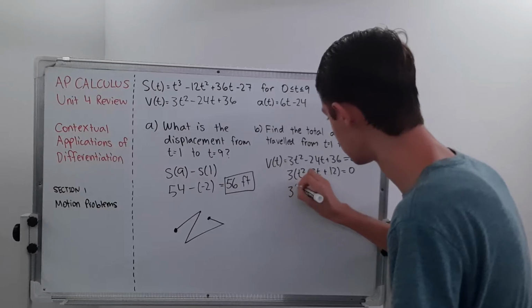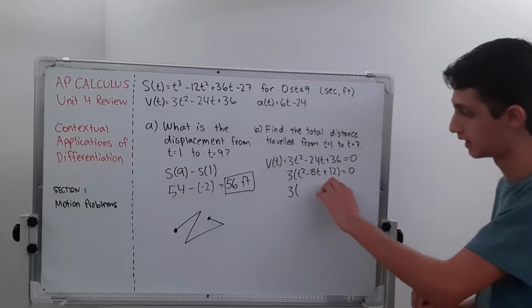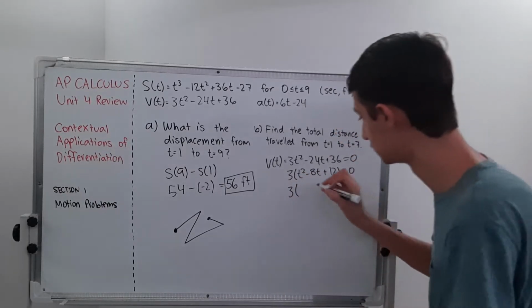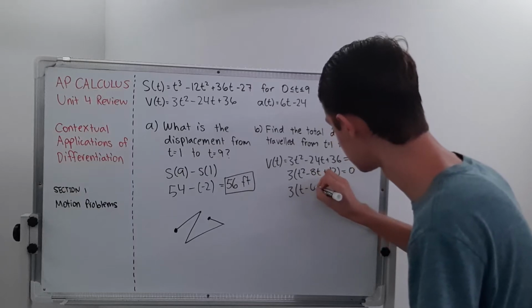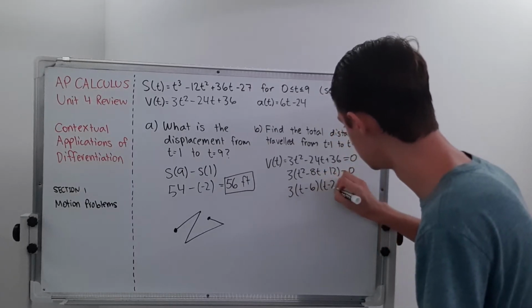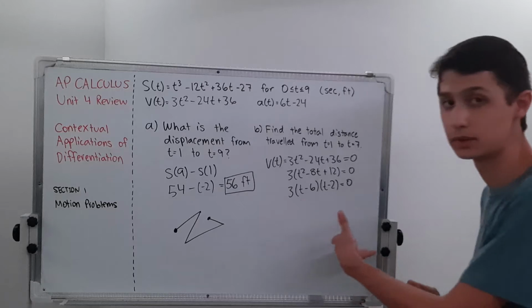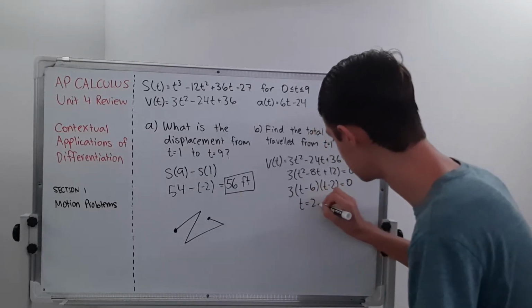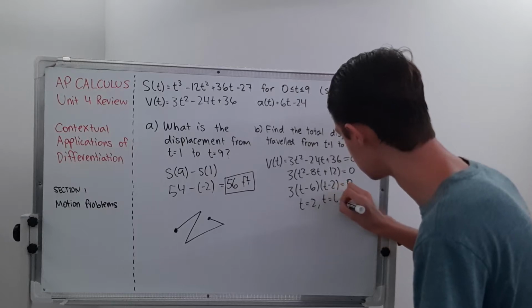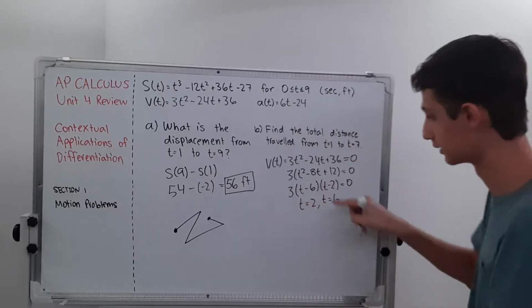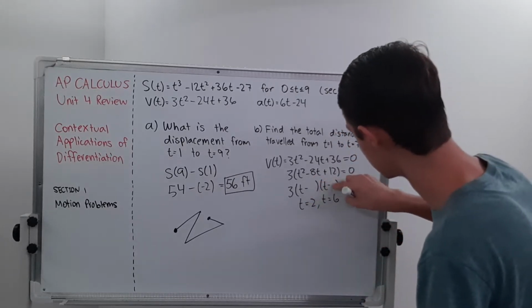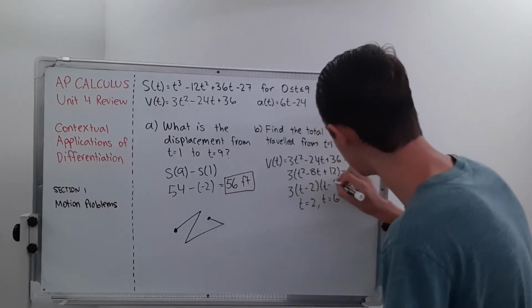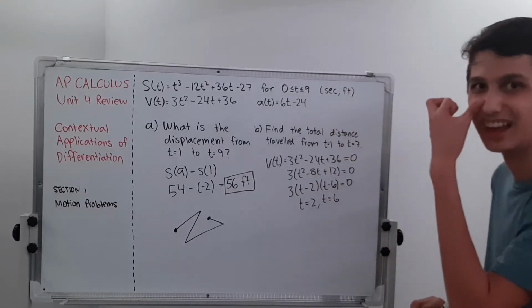Then we can further factor this. This is going to be negative 6, negative 2. So t minus 6, t minus 2 equals 0. And from here we can say that t equals positive 2 and t equals positive 6. Let me flip it up here: t minus 2 and t minus 6. Okay, that makes more sense.